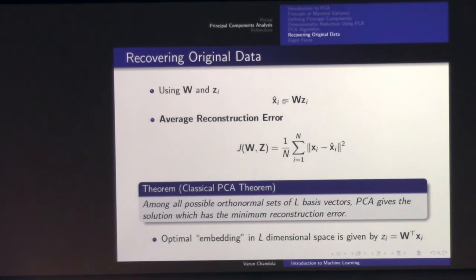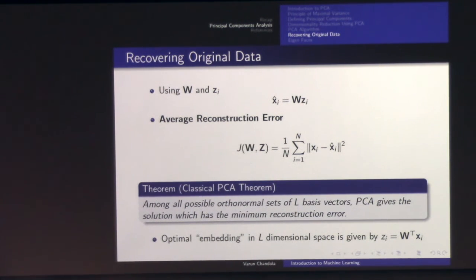There is a theorem called the classical PCA theorem, which says that if you compare this reconstruction with the original value, then this squared error will be the minimum for PCA. So if I come to your door tomorrow and give you a data set, and say embed it in a two-dimensional space, you can run PCA or you can do anything else, there are a bunch of ways to do that.